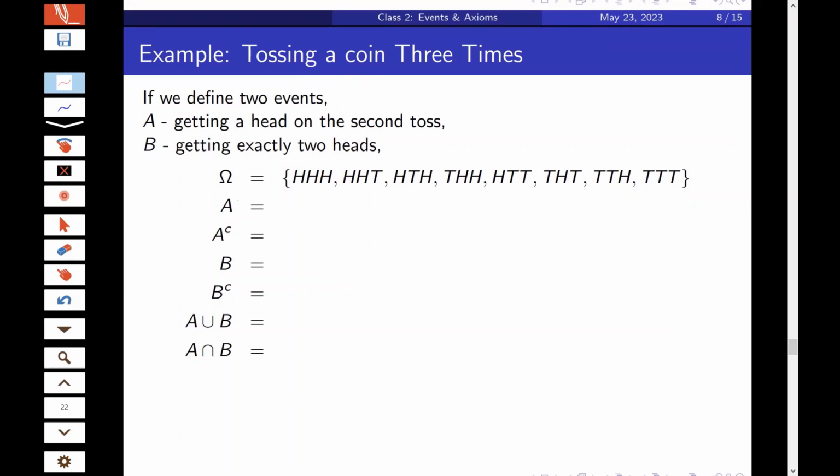The sample space is given. A is getting a head on the second toss. I'm not going to repeat this example in detail, because we did this one already. So head in the second place, these are the outcomes.